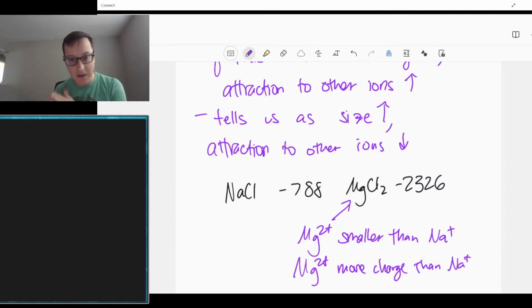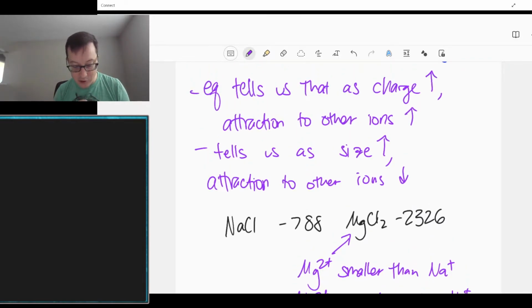But we see here that magnesium, remember that the isoelectronic series tells us that magnesium ions are smaller than sodium ions. And so, point one, they're smaller, so the attraction goes up. Sodium is bigger, so its attraction goes down. Magnesium is smaller, so the attraction goes up.